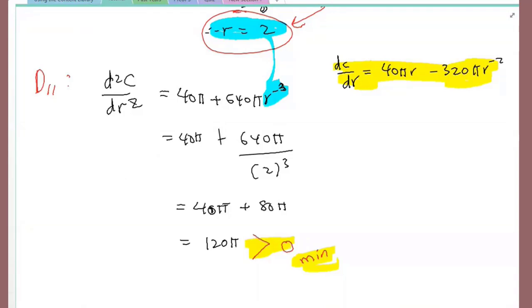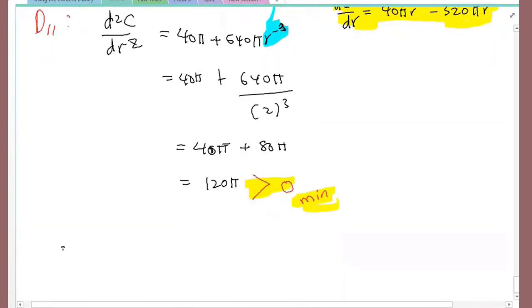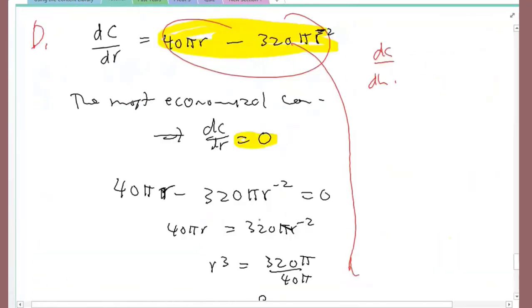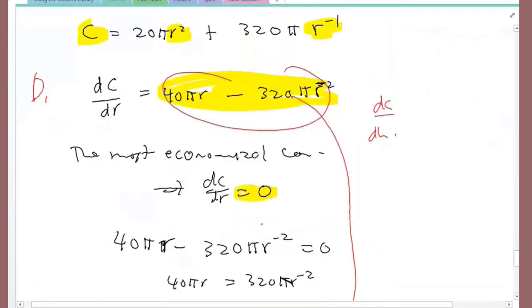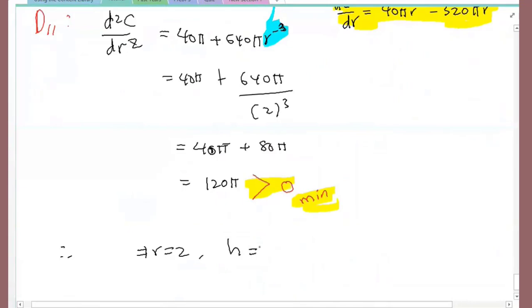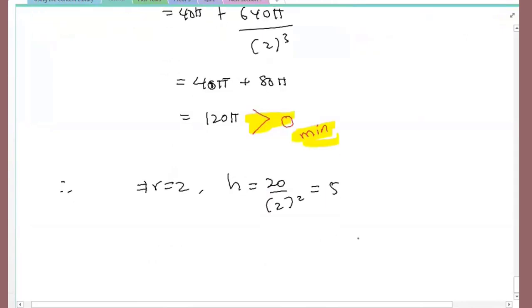And then therefore conclusion, so find radius dulu kan. Radius is R and find H pula. Before that, H is 20 over R square. Okay, 20 over R square is equal to 5, right?